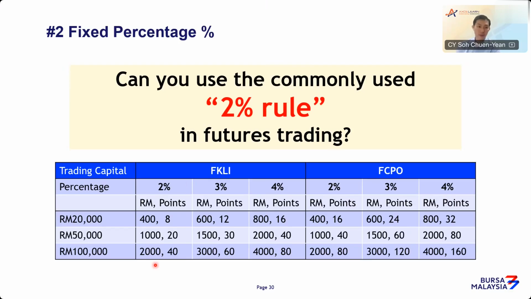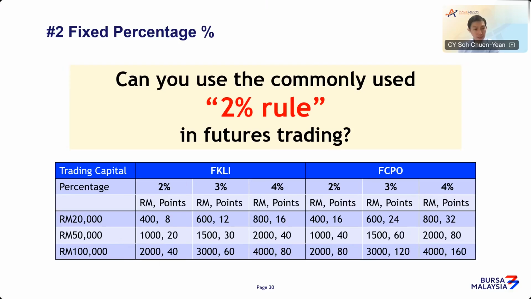Even though I understand that with a $50,000 trading account, you are able to trade, let's say, 5 or even 6 contracts, if you look at one contract in terms of points only, it seems like the cut loss can be too narrow and easily triggered.